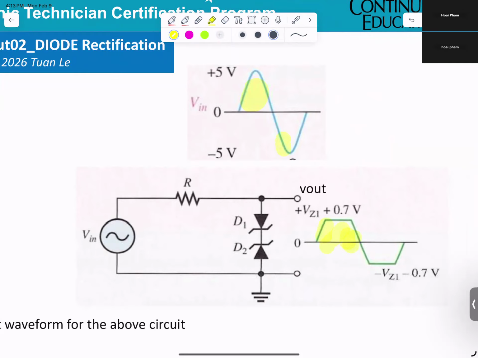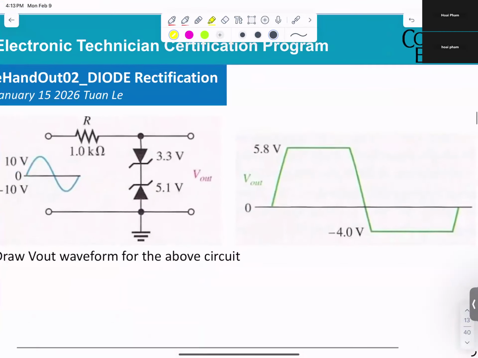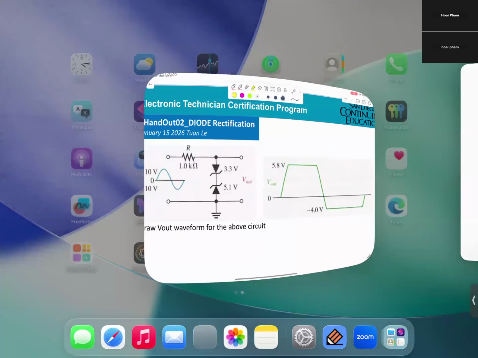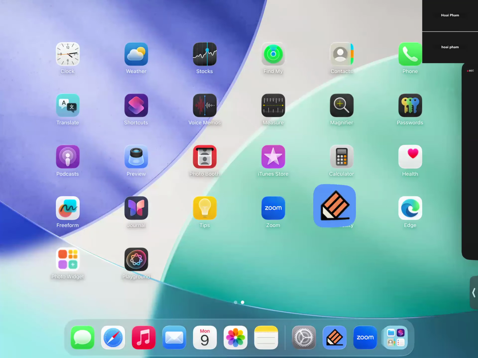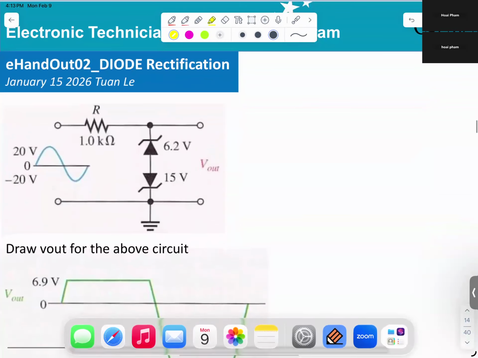For negative, here, you get this one. This is the opposite. We will get the simulation for you guys to work on. Same thing.